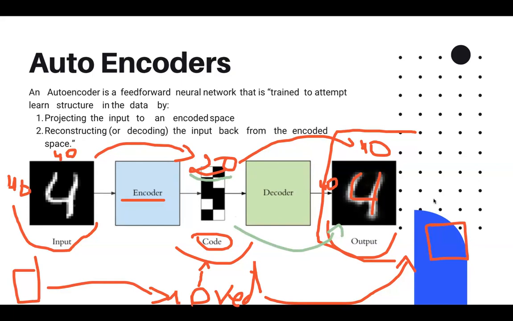Of course, the loss function here is very simple. As you already can imagine, these pixels are just numeric values. So you will take this numeric value and this numeric value and use MSE. And then you will take the average across the whole image, and that gives you the loss function of your model.